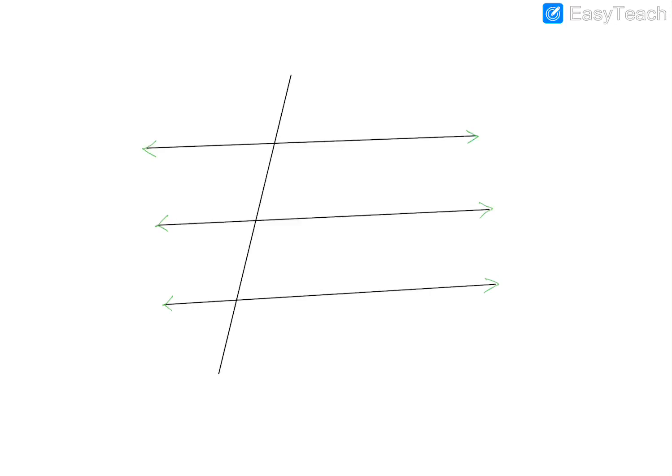such that these transversals are bisected, for example, say this part is equal to this part.